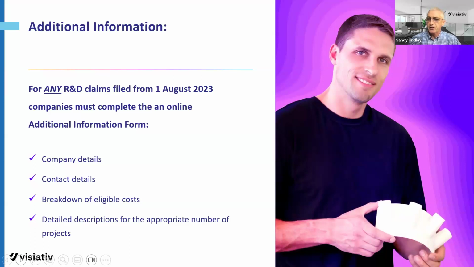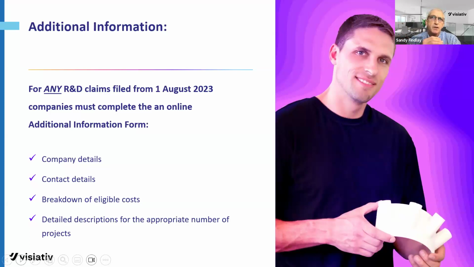So those 3 projects, you'll need to detail the advance in science and technology you were looking to achieve, the technical uncertainties you identified at the start of the project that needed to be addressed in order to achieve the advance, the work packages that were undertaken in addressing those challenges, and the competent professionals who were involved in undertaking the work package.